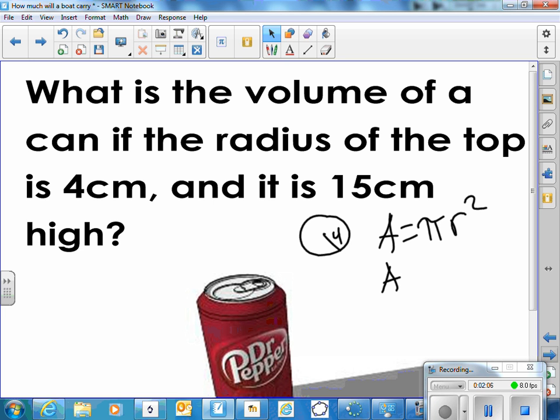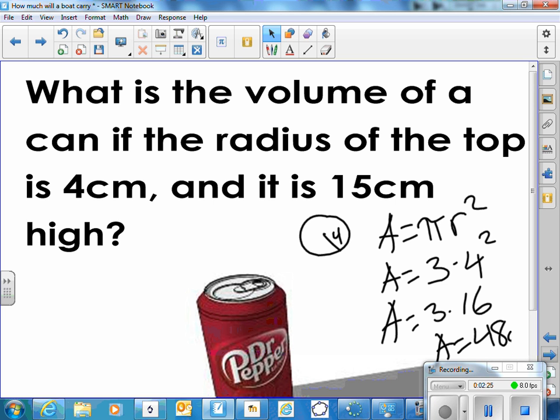So the area is equal to 3. Well, pi is not exactly 3, but that's probably close enough for what we're doing. Times the radius squared, which is 4 squared. So the area equals 3 times 16. So the area of the top of the can would be 48 square centimeters.